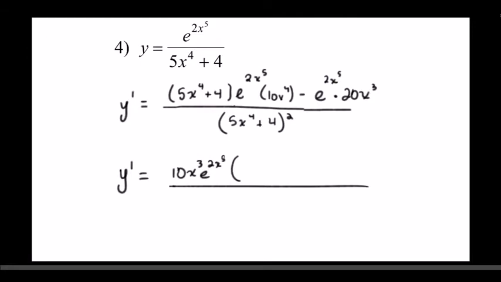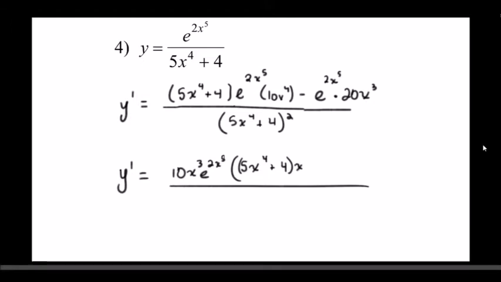And if that's factored out as a common factor, then on the left side here of the numerator, we still have that 5x to the 4th plus 4, and there was a leftover x right here that needs to be included.